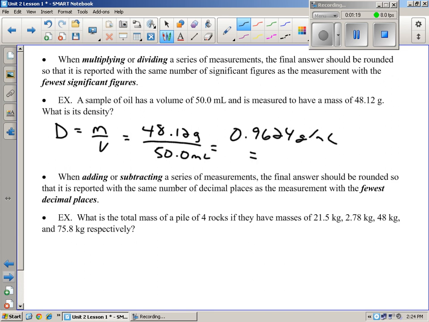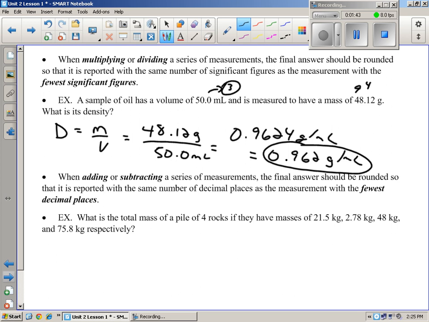Remember, we have 3 significant digits here and 4 here, so when we divide or multiply, you have to go based on the fewest. So we can only have 3 in our answer, 0.962 grams per milliliter would be our final answer. We'd have to round it to 3 significant digits. Remember, the 0 in the front doesn't count.